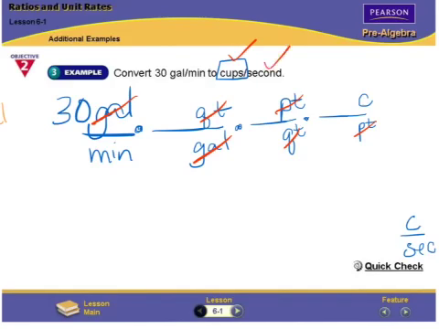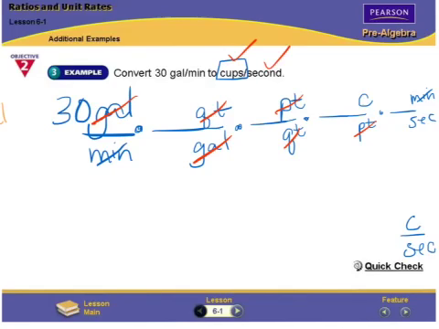Now we need to get to the second one. And what do you know about minutes and seconds? Hopefully you know something. Minutes are on the bottom, so we need that to go on the top, and we want seconds to go on the bottom. So our minutes will cancel out, leaving us with cups per second.